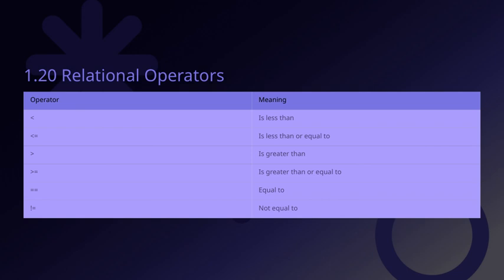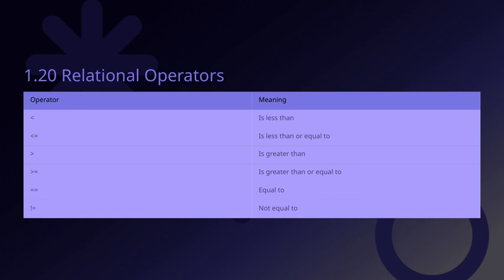For example, if we want to see if age is less than 18, we'd write age less than 18. Next, we have less than or equal to, written as less than or equal. This operator checks if a value is either smaller than or exactly equal to another. It's useful when we want to include the boundary condition in our comparisons.